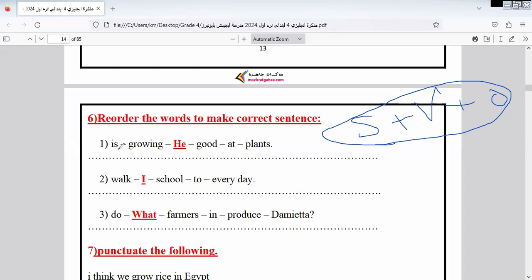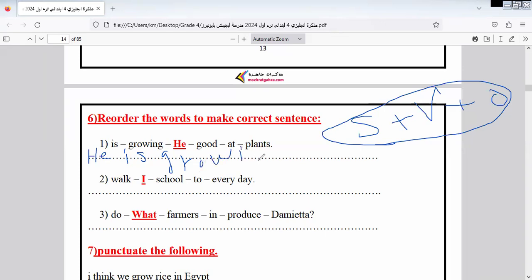Let's answer together. Here we have the subject. Where is the subject here? He. Where is the verb? Can you help me to search for the verb? He is growing. Good.